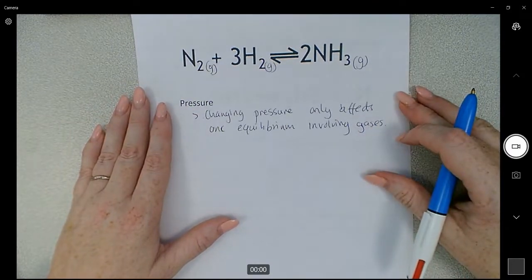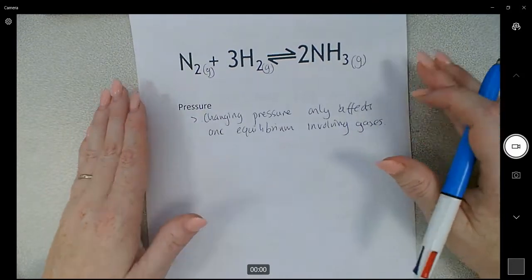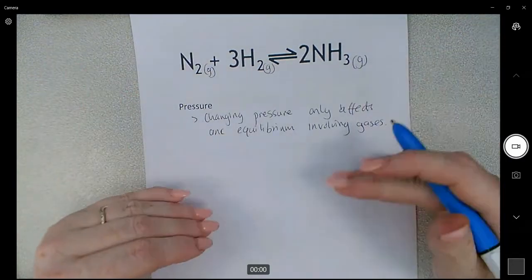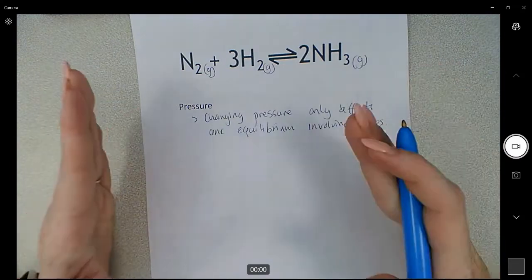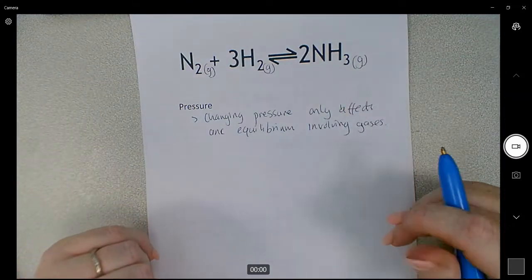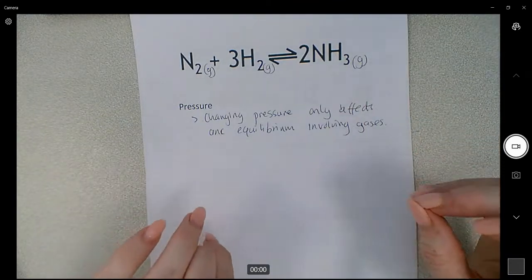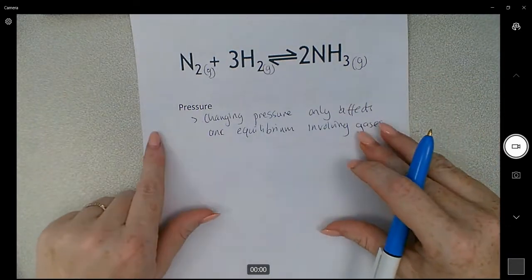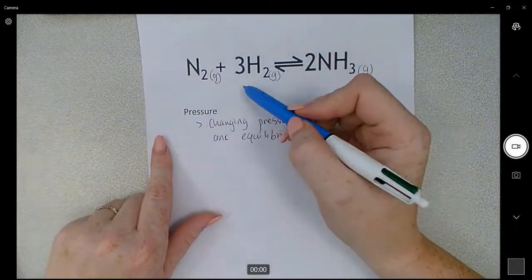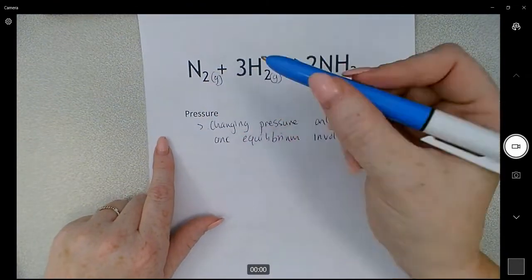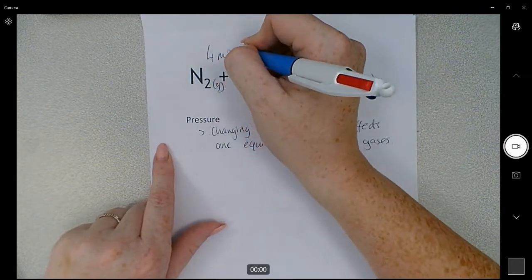Now, obviously, we have to work out from this which direction, depending on increasing or decreasing the pressure, we would expect the equilibrium to shift. Now, that depends on the number of moles of gas. Okay, so that's going to be really important here. So if I look on the left-hand side of the reaction, I have got in total 4 moles of gas.